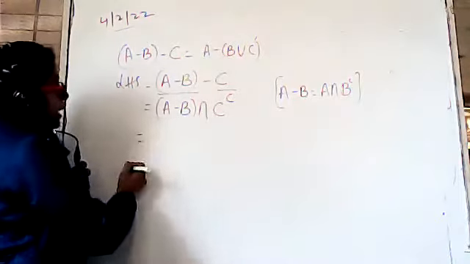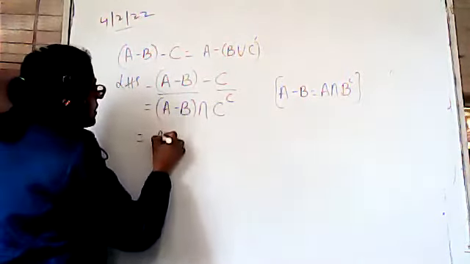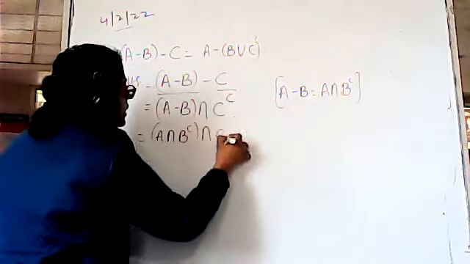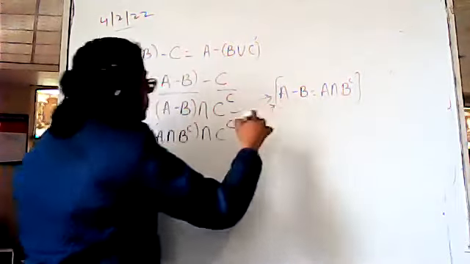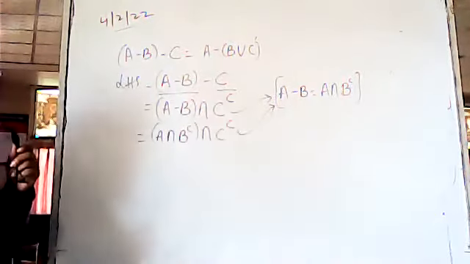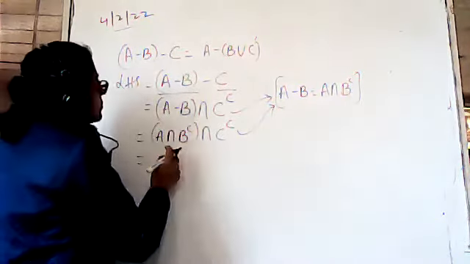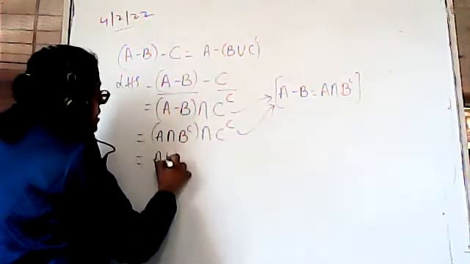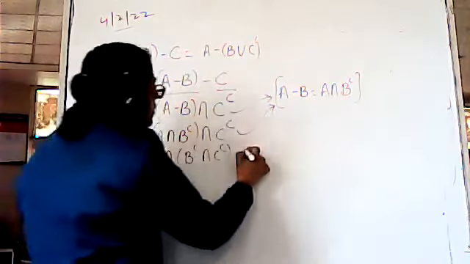So again, now we are having A minus B. A minus B can be written as A intersection B complement intersection C complement, because of this reason. You have to write the reasons also. I told you last time. This is A intersection B complement intersection C complement. Why?